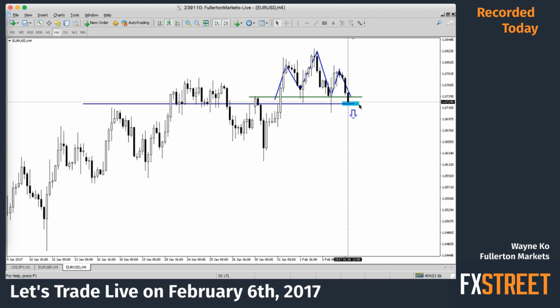So typically it will close into, just looking at the price action now, maybe it will close into this blue box region here. So the textbook way of trading would be to enter once the candle closes to go short.